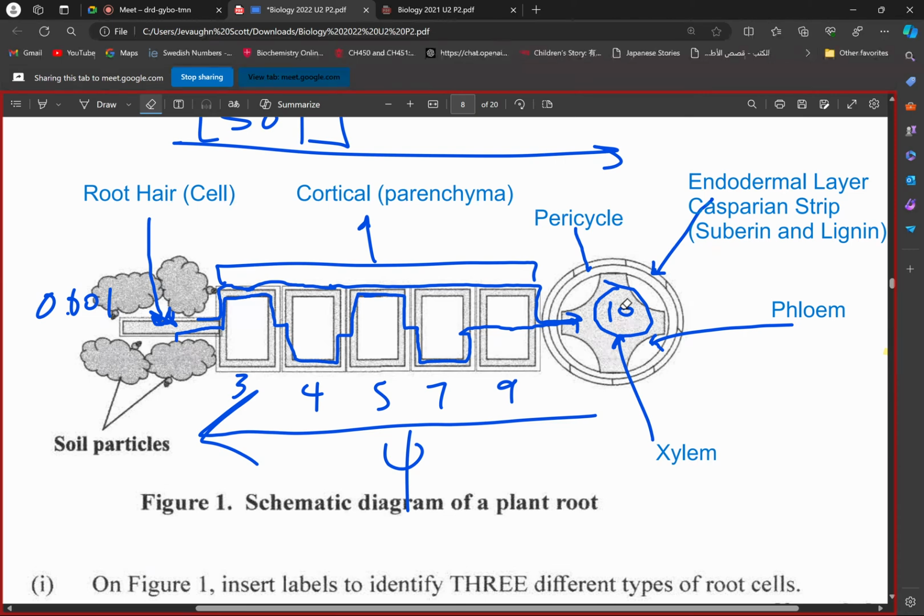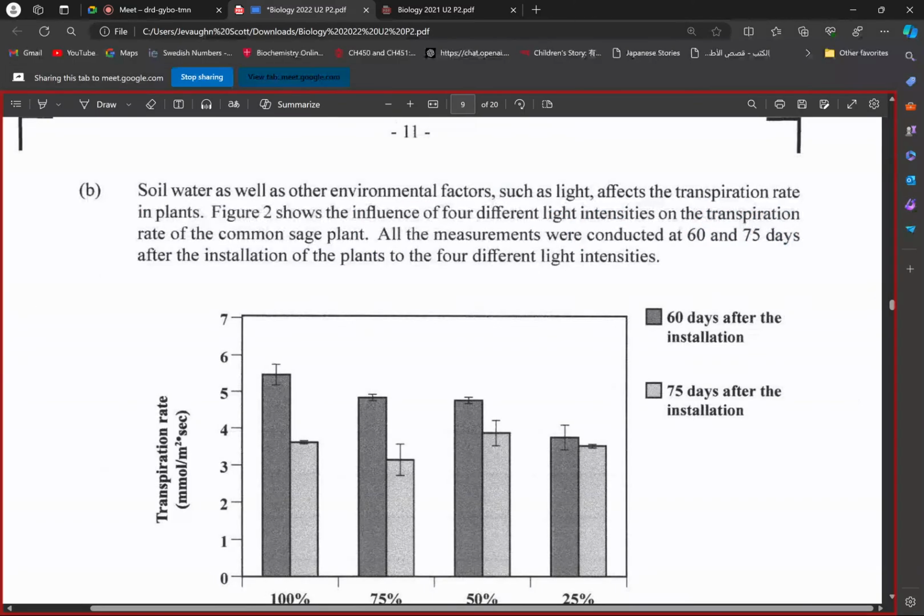Soil water. Oh wow, this entire section was about plants, wasn't it? Alright. Soil water, as well as other environmental factors such as light, affects the transpiration rate in plants. Figure 2 shows the influence of 4 different light intensities on the transpiration rate of a common sage plant.